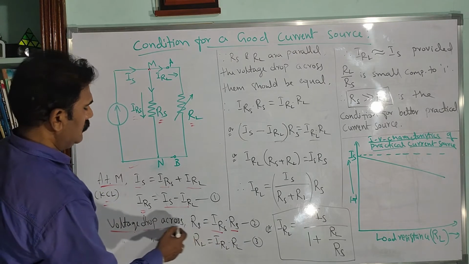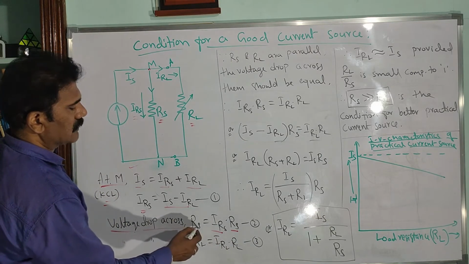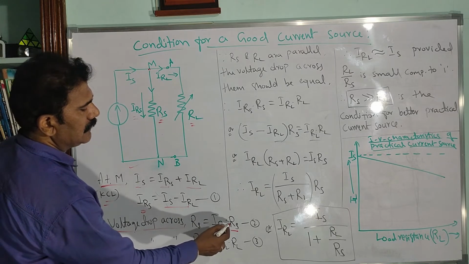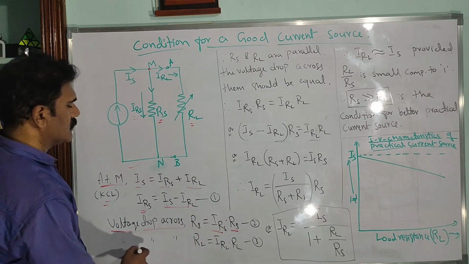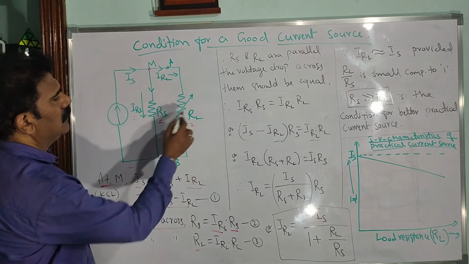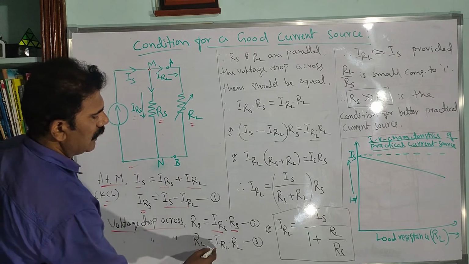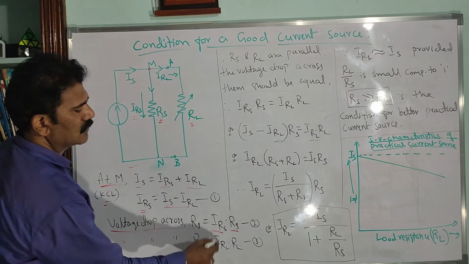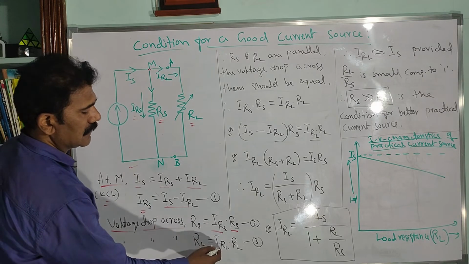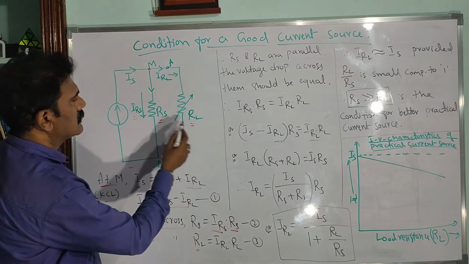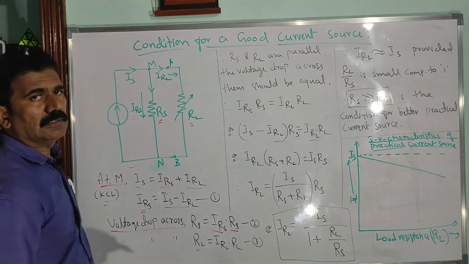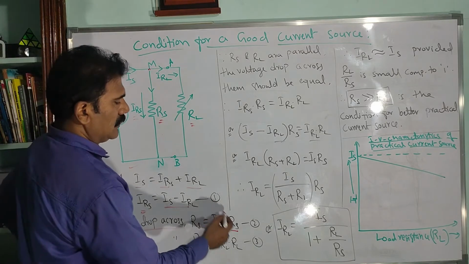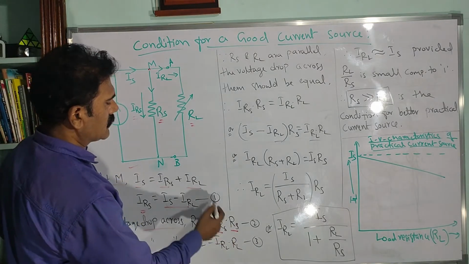So the voltage drop across RS is equal to IRS into RS. Similarly, the voltage drop across the load resistor RL is equal to IRL into RL, because there are two separate currents here, IRS and IRL. The resistors are RS and RL, so multiply by the corresponding resistors. In that way we get the three equations 1, 2, 3.